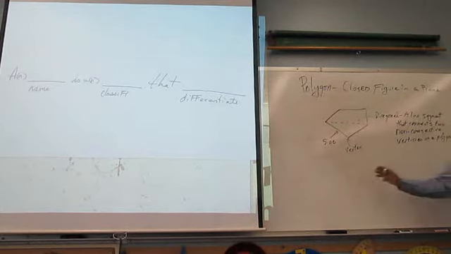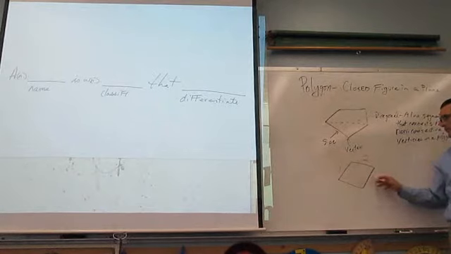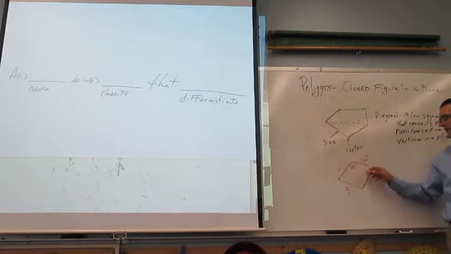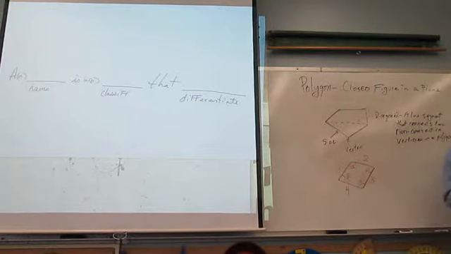Okay, so if you look at a polygon, let's go ahead and label the sides 1, 2, 3, 4, and let's label the angles A, B, C, and D. Is it a polygon or a square? A square is a polygon, yeah.